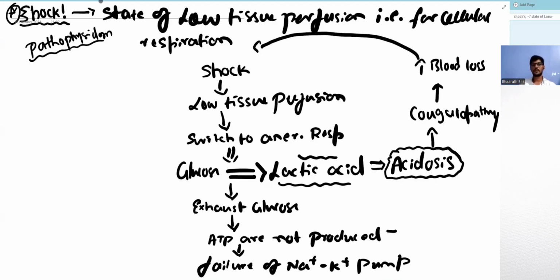Whenever, for any reason, the sodium potassium pump fails, that causes the cell to swell, because the sodium is not excreted out. Sodium remains inside, along with sodium water also remains inside, and the cell swells. When the cell swells beyond the expected size, that will cause the release of lysosomal enzymes.